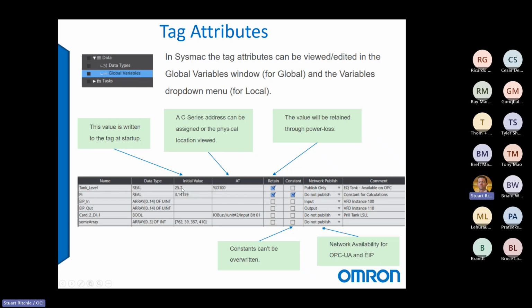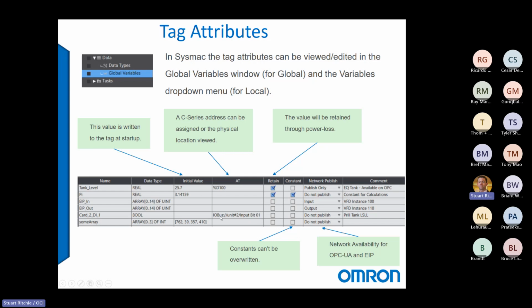So this value will be written to the tag at startup one time, and one time only. After that, it will take on whatever value you give to it. The AT column here, so this we won't be looking at much today, but it gives you an address if this is mapped to either an EtherCAT device or an IO card.